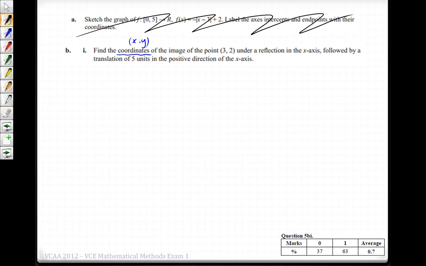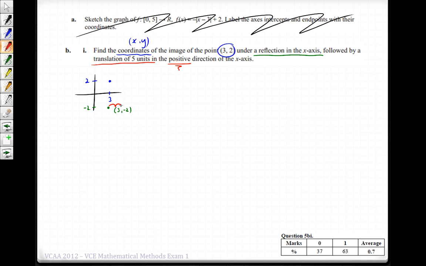So if we just sort of sketch out where it sits to start with, this point here, 3, 2, is at the point 3, 2, so it's here. So we reflect firstly in the x-axis, so this just means that this is going to be now 3, -2, followed by a translation of 5 units in the positive direction of the x-axis.